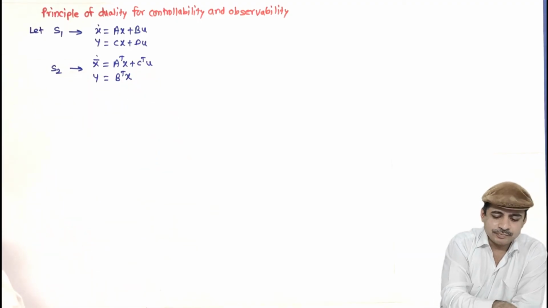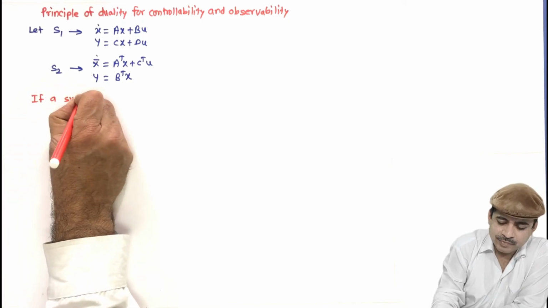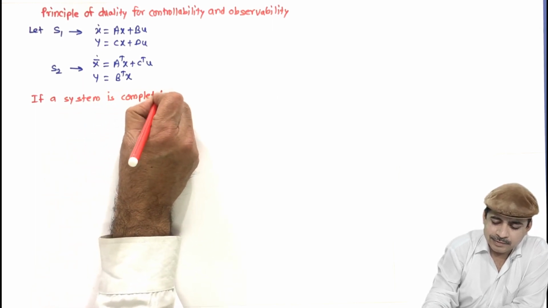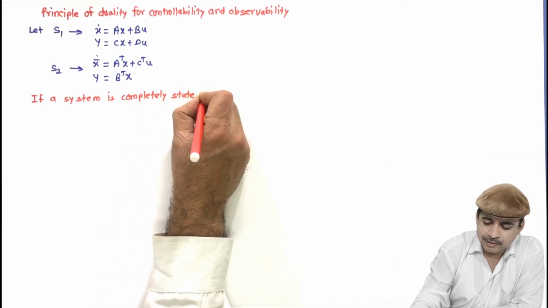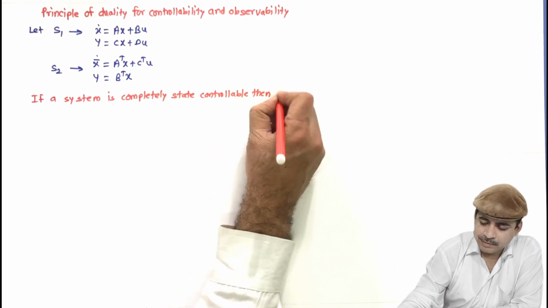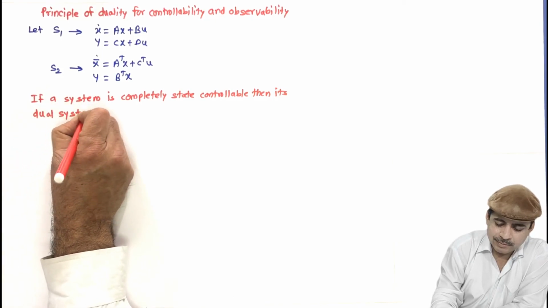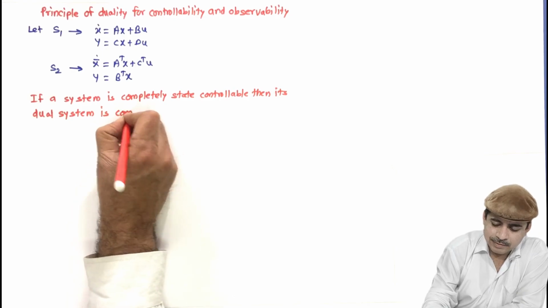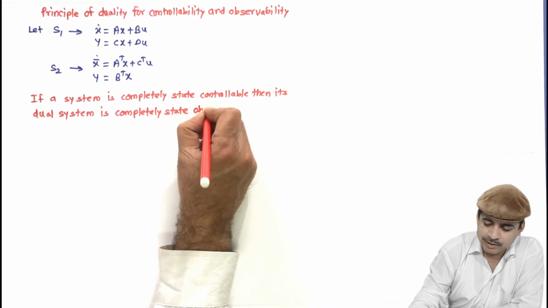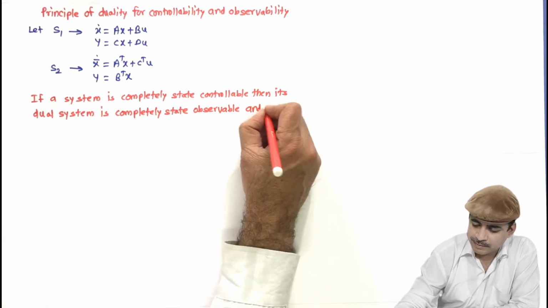Then I have a comment that if a system is completely state controllable, then its dual system is completely state observable, and vice versa.